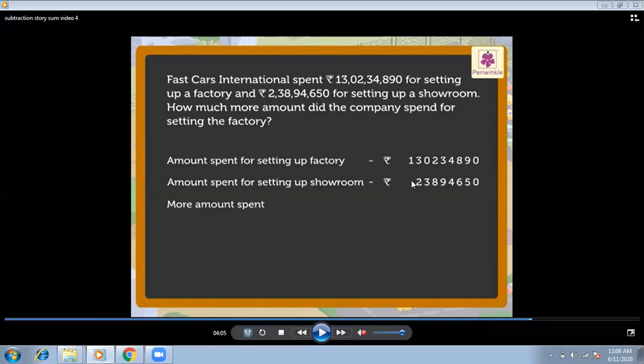No. It doesn't matter if the place on the left gets empty, but make sure that you fill all the numbers starting from the ones place. There should not be any empty place from here. Whether the numbers are fewer or more, make sure you start writing from the ones place. It doesn't matter if the place over here gets empty.